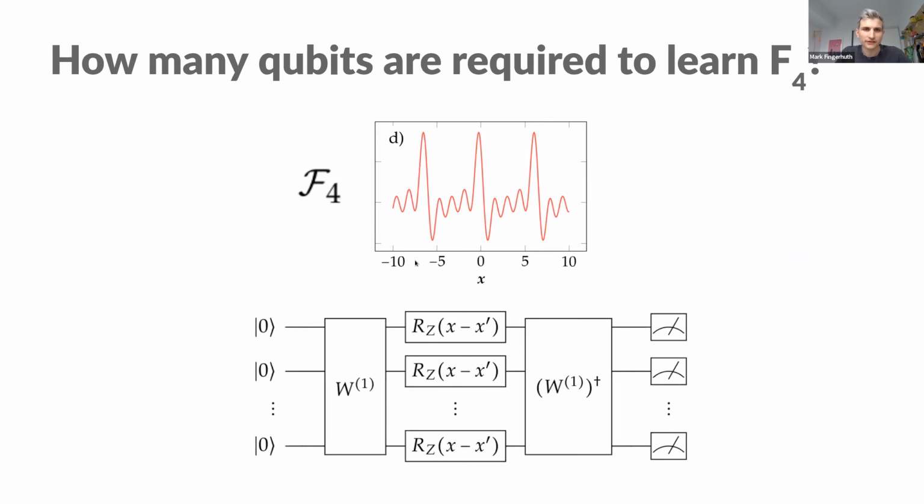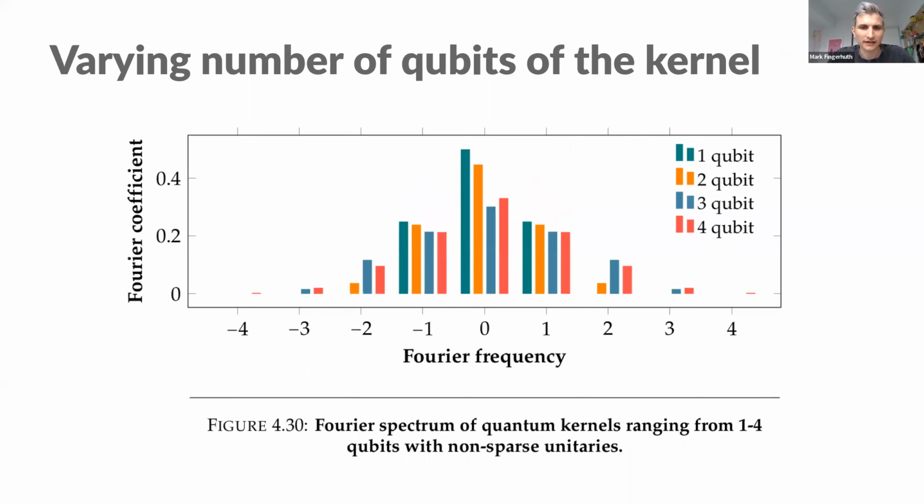So a more interesting question to ask now would be, given a more complicated data set, in this case the summed Fourier data set of degree 4, and different types of quantum kernels with different numbers of qubits, how many qubits do I need in order to learn this F4 data set? That's something that we analyzed, where we looked at the Fourier spectra of kernels that range from 1 to 4 qubits.